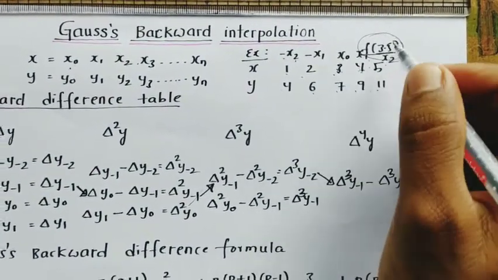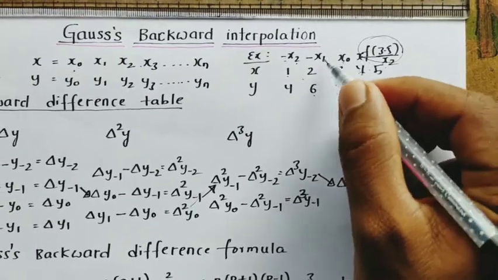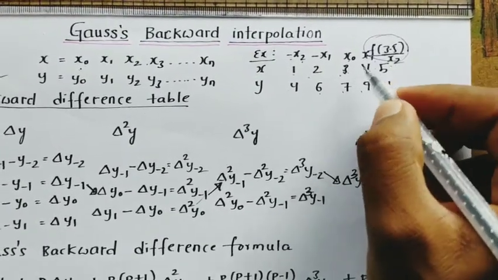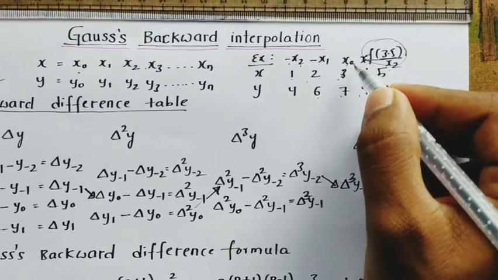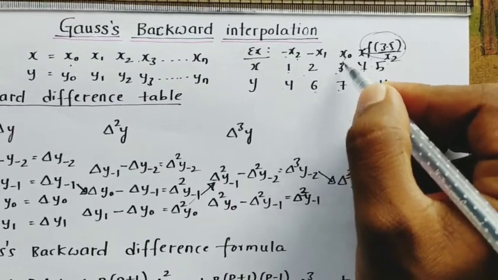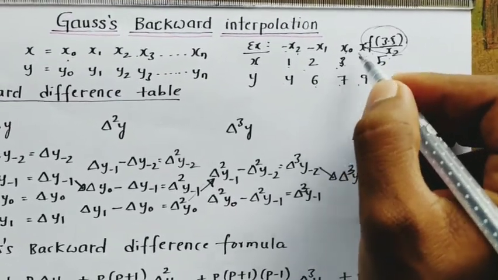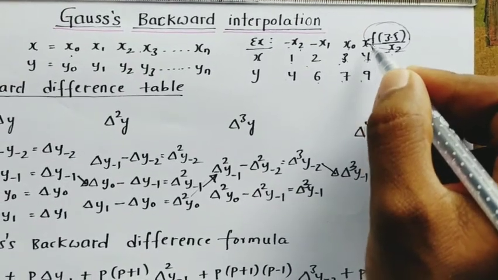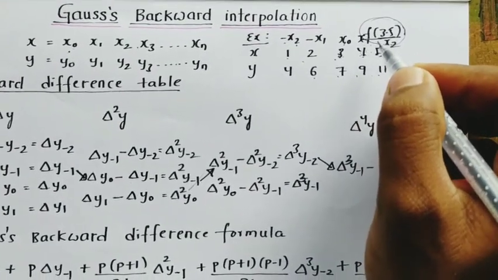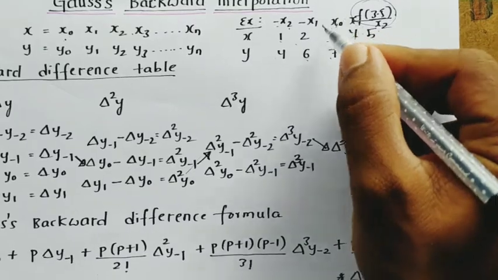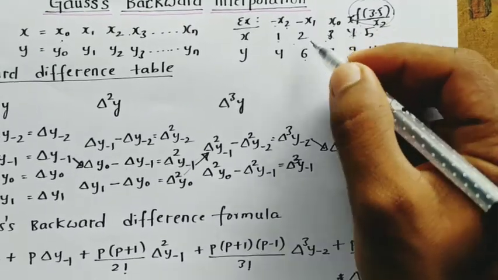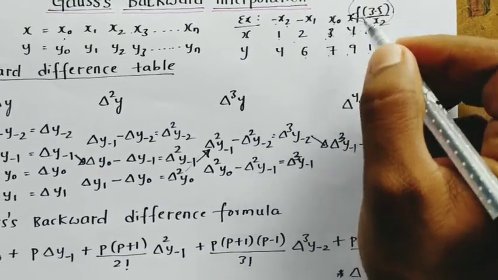This way we find x0 and the remaining values. If you take 4 as x0, you get the same answer, and we write the formula depending upon these values. In this way we identify the value of x0.